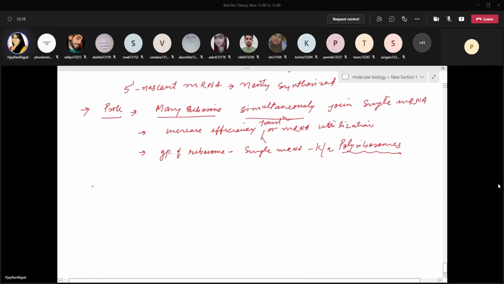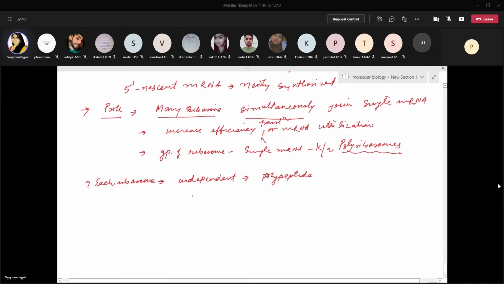Now, the interesting thing is each ribosome will be translating independent of the other, and gives rise to its own polypeptide. So 5 polypeptides, if 5 ribosomes are attached to a single molecule, some present at some length of mRNA, others present at others.